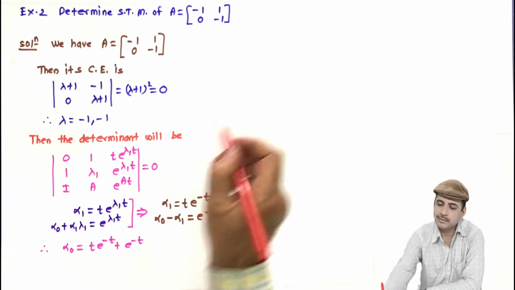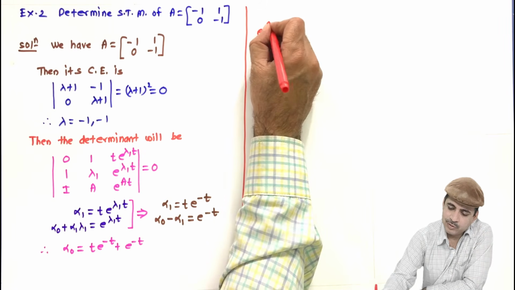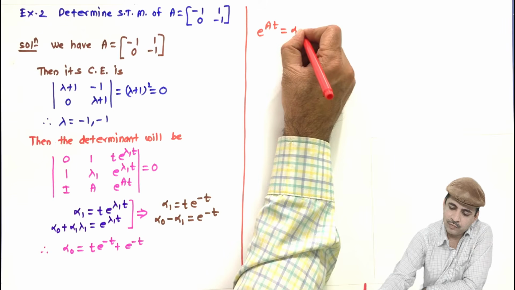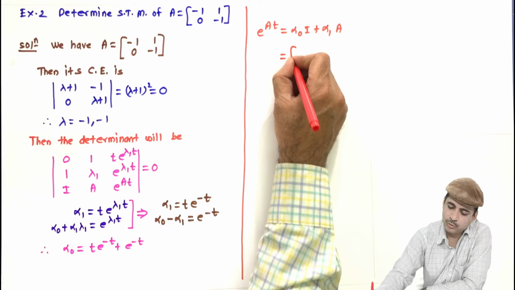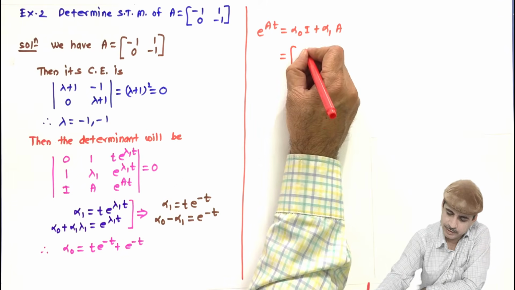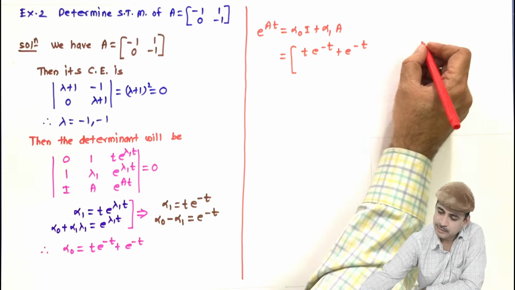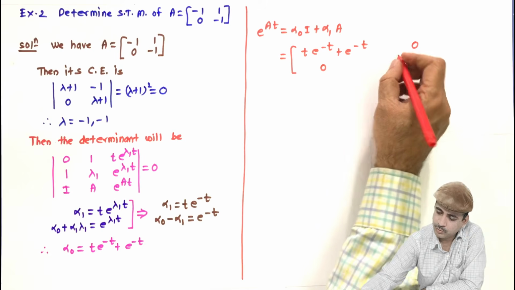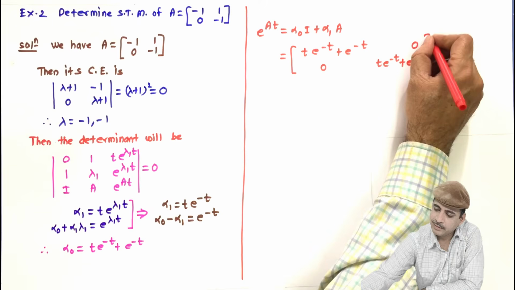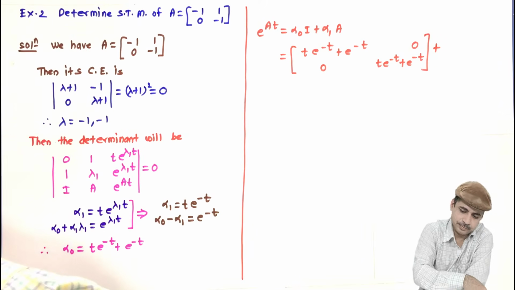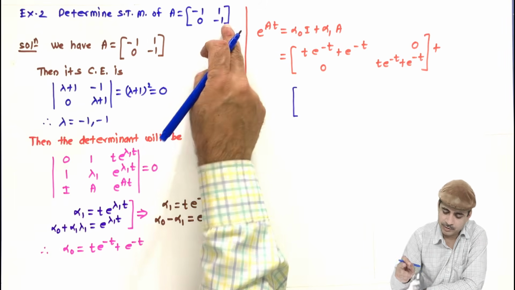So both are obtained, and then e raised to at will be equal to alpha 0 I plus alpha 1 a, and that is equal to, what is alpha 0? This one is alpha 0, t e raised to minus t plus e raised to minus t, 0 0, t e raised to minus t plus e raised to minus t, plus alpha 1 a. So what is a? Minus 1 1 0 minus 1.